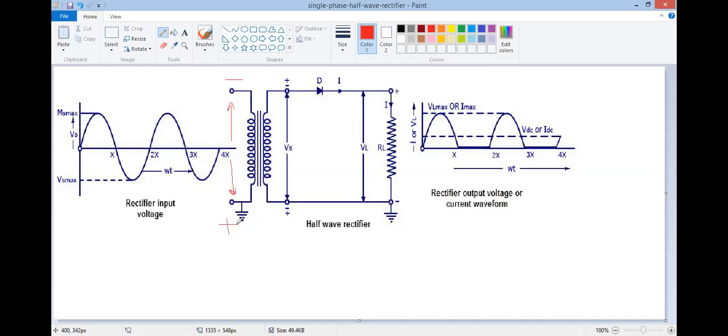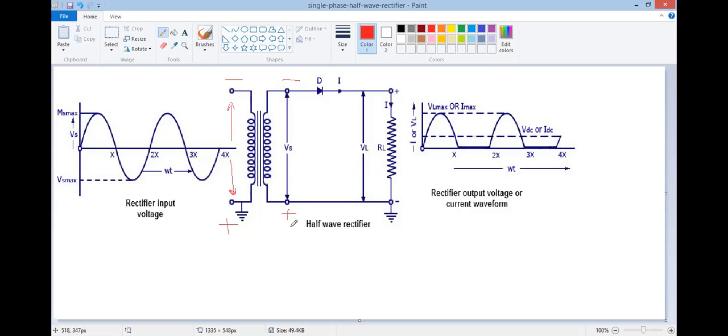Positive half cycle मध्ये काय होतं? Plus terminal on upper side, minus terminal on lower side. Here in negative half cycle, minus is on upper side and plus is at lower side. So obviously transformer connect केलेला आहे. Because of that transformer, the voltage will be lowered, but polarity will be same, like this.